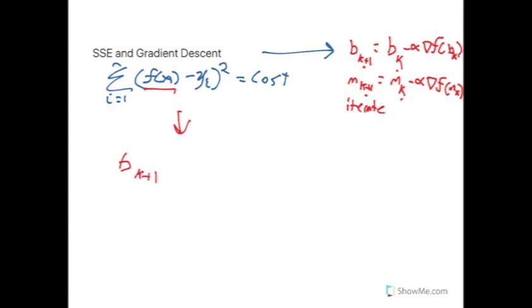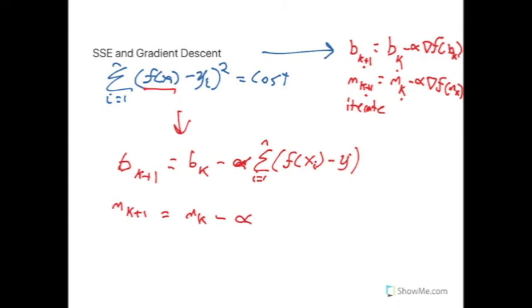So beta k plus 1, which represents one iteration in front of k, and m k plus 1, these are both equal to beta k and m k minus alpha times the sum of i equals 1 to n of f of x sub i minus y sub i, and for m, the sum of i equals 1 to n of f of x sub i minus y sub i, times x sub i.